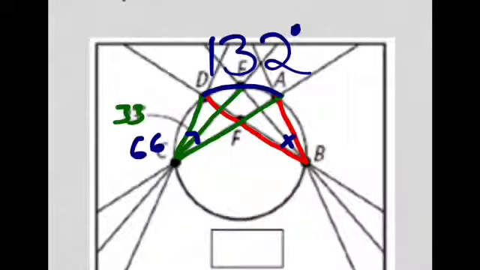Remember, your large arc is just twice your inscribed angle. And so if my large arc is 132, what is my x? 66, sure.